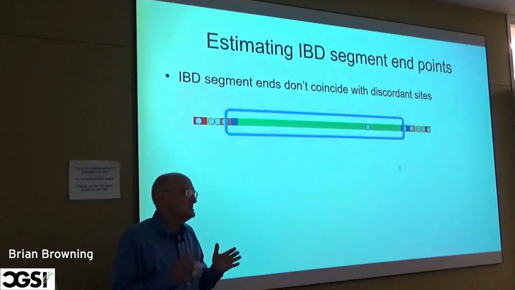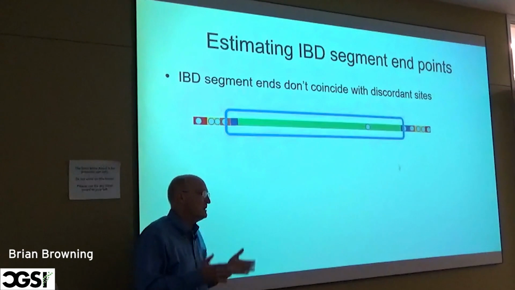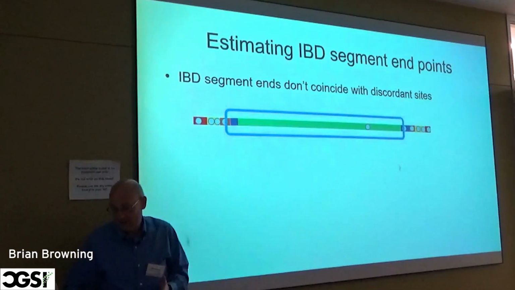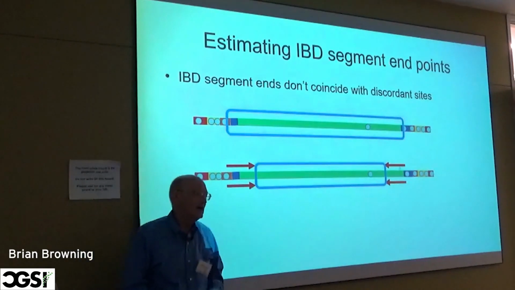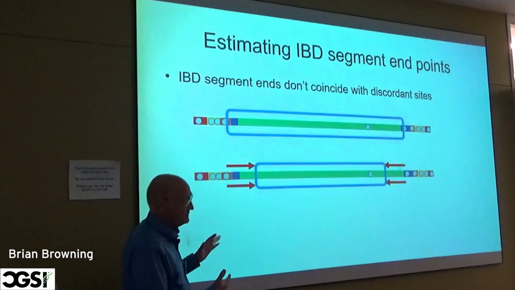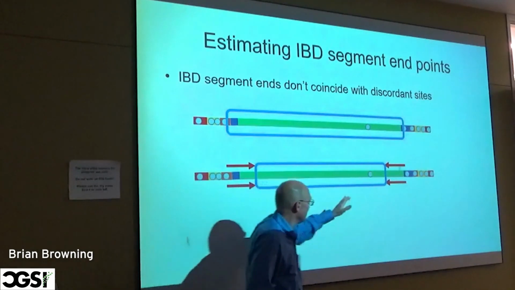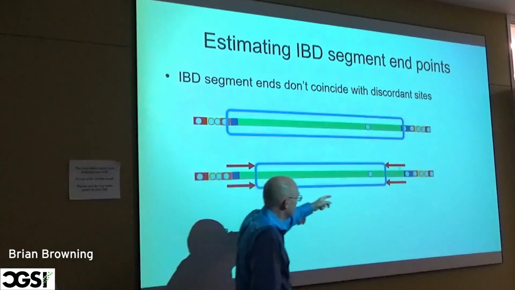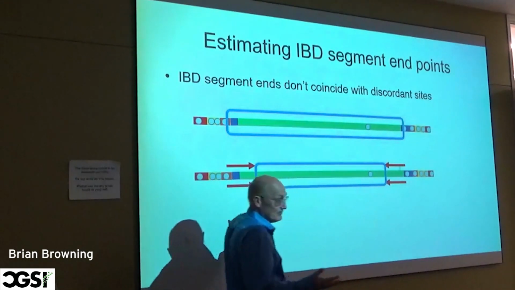In many of the analyses that I've been involved with, false positive is a much greater concern than false negative. So we control that with a very inelegant but simple and effective method. You just trim the ends. You take the ends, you push them in. Now there's a trade-off. Now you're missing some of the green segment. But we've also got rid of the false positives.